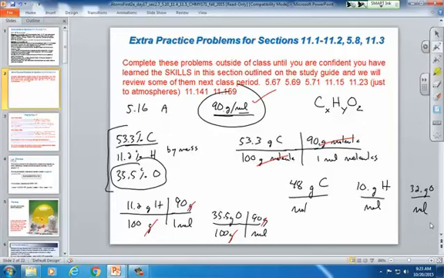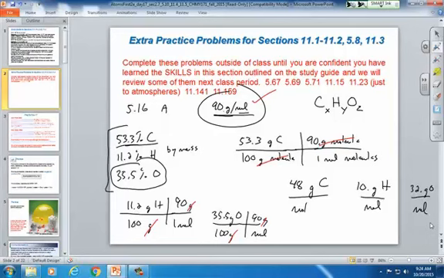And so I use the percentages to determine how many grams of carbon, how many grams of hydrogen, how many grams of oxygen. And then if I want to figure out the number of carbons, number of hydrogens, and number of oxygens, I just need to figure out how many carbons do I need to get 48 grams. How many hydrogens do I need to get 10 grams? How many oxygens do I need to get 32 grams?